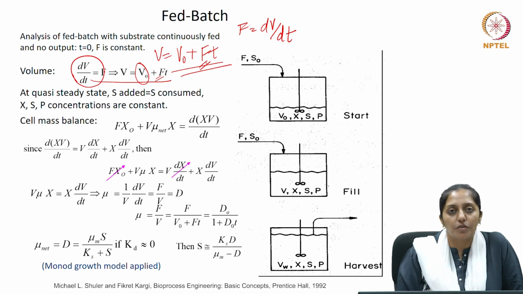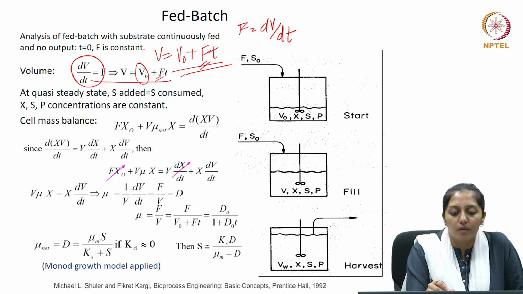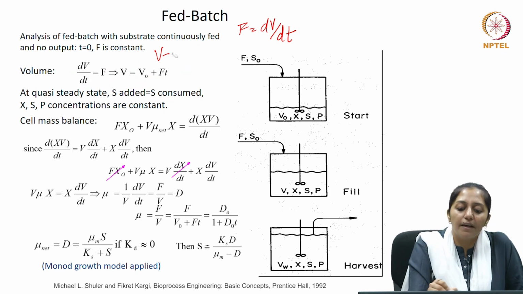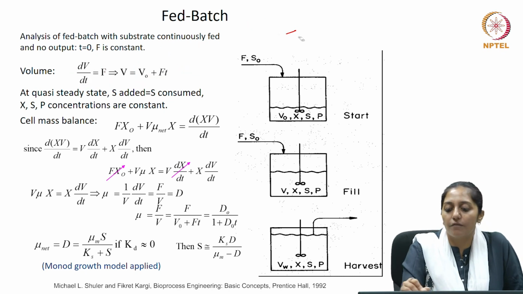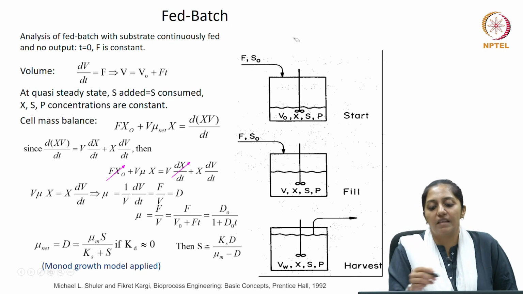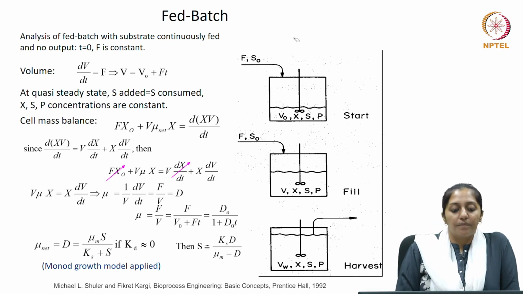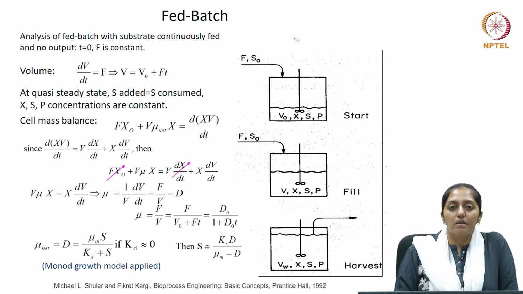So, the volume will keep increasing with time. Now, in a fed batch process, for simplicity of solving and designing the process, we will assume that the system is trying to achieve quasi steady state and is running at a quasi steady state.